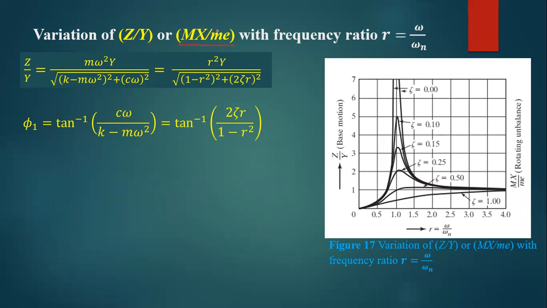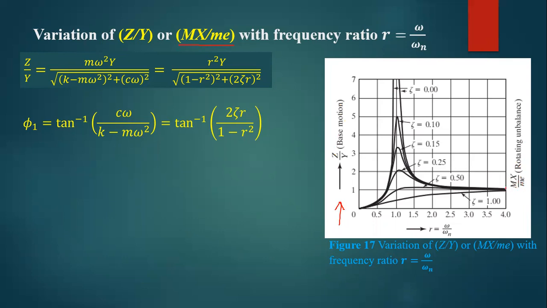The variation of z over y, or in the rotating unbalance, we have MX over me. This relation is represented here in the diagram. So here we can see z over y, or base motion, or we can consider MX over me.